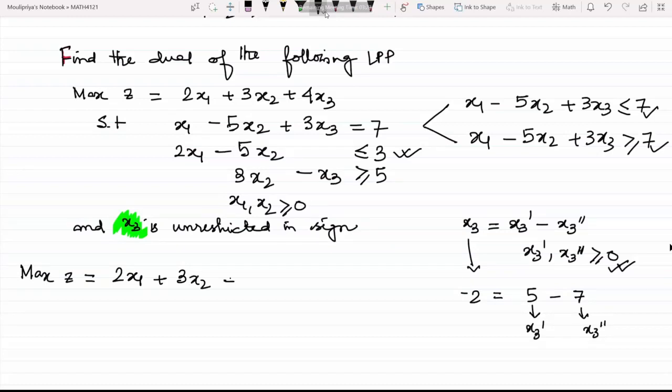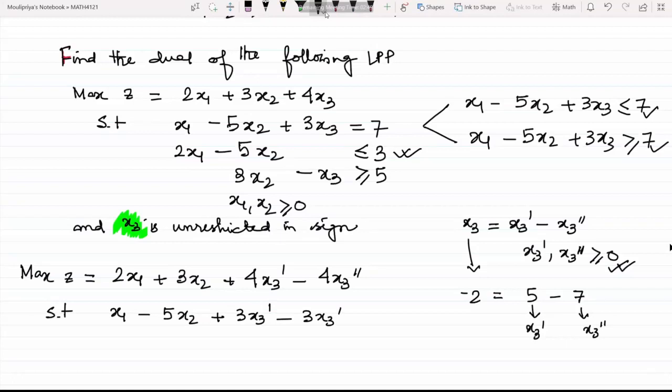So the given problem can be rewritten as max z equal to 2x1 plus 3x2 plus 4x3 dash minus 4x3 double dash. Am I okay with the objective function? So the first constraint can be written as x1 minus 5x2 plus 3x3 dash minus 3x3 double dash less or equal to 7.